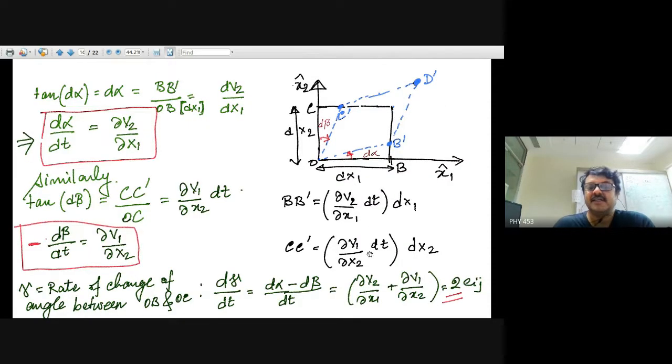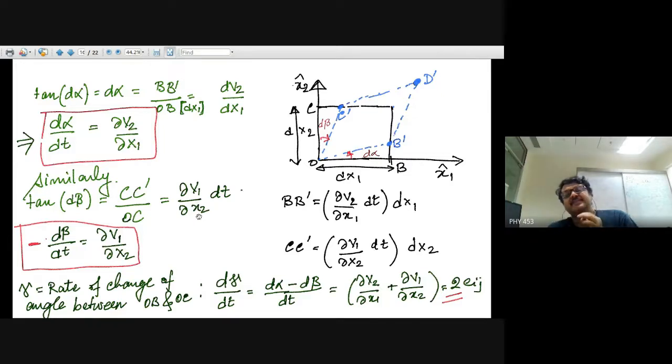CC dash by OC, which is dx2, will be this d beta, which is equal to tan d beta, and that is del v1 del x2.